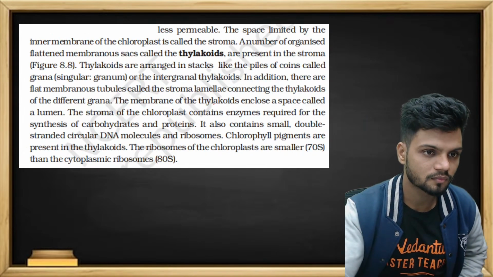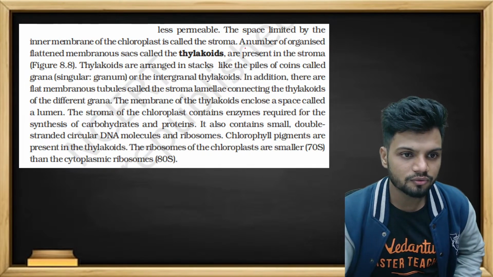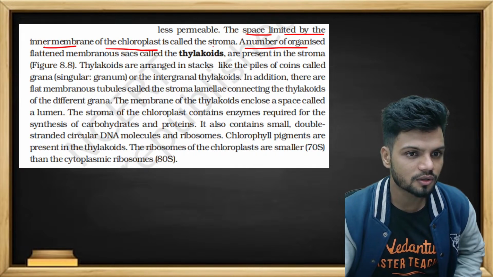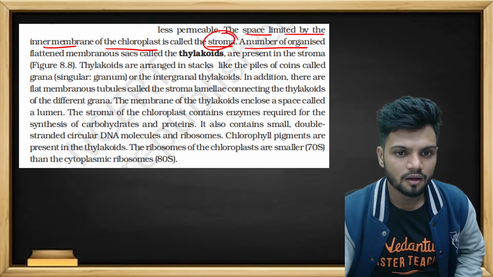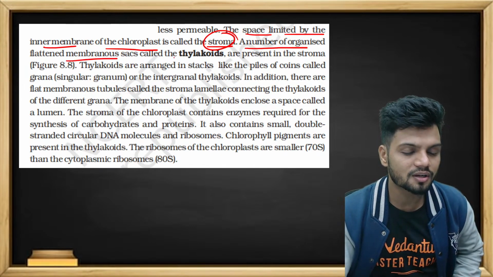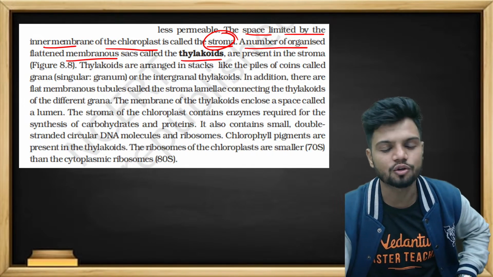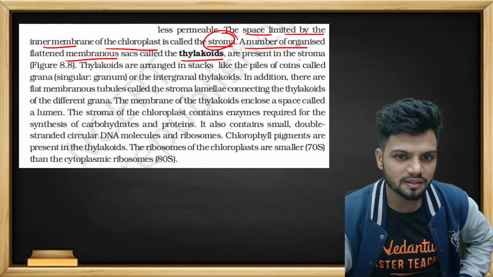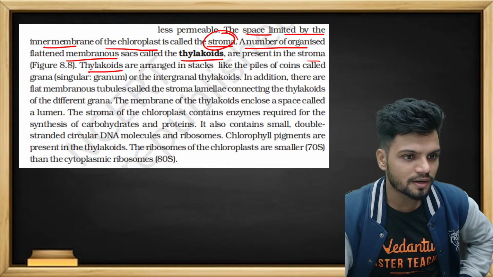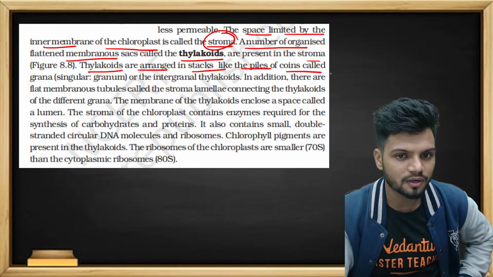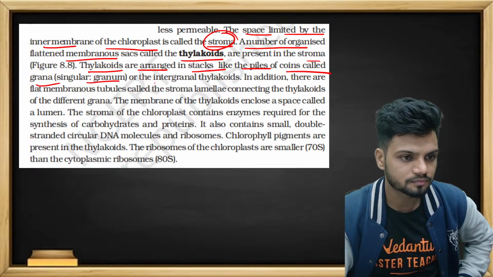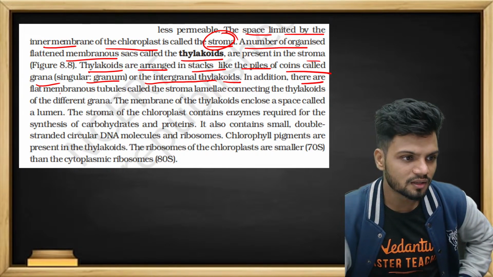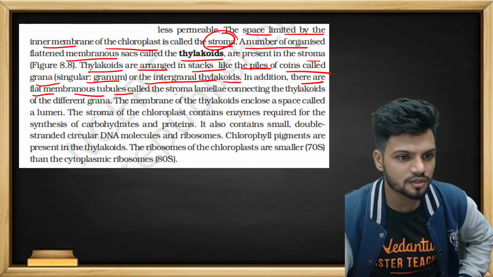The space lined by the inner membrane of the chloroplast is called stroma, that is the matrix. A number of organized flat disc-like or coin-like structures are called thylakoids. The entire stack is called grana, present in the stroma. The thylakoids are arranged in a stack-like pile called grana or granum. In addition, there are flat filamentous tube-like structures called stroma lamellae.